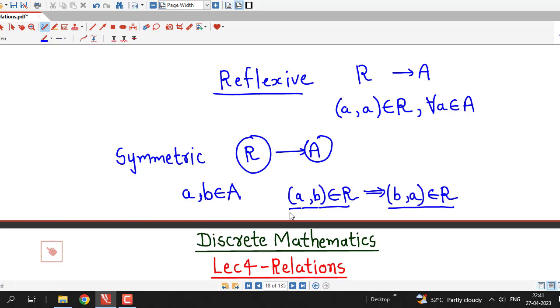So here it is not necessary that AB must be in R, but whenever AB is in R, then we must have BA in R. For example, we can make a symmetric relation on the set 1, 2 and 3. Suppose I write the element 1, 1.